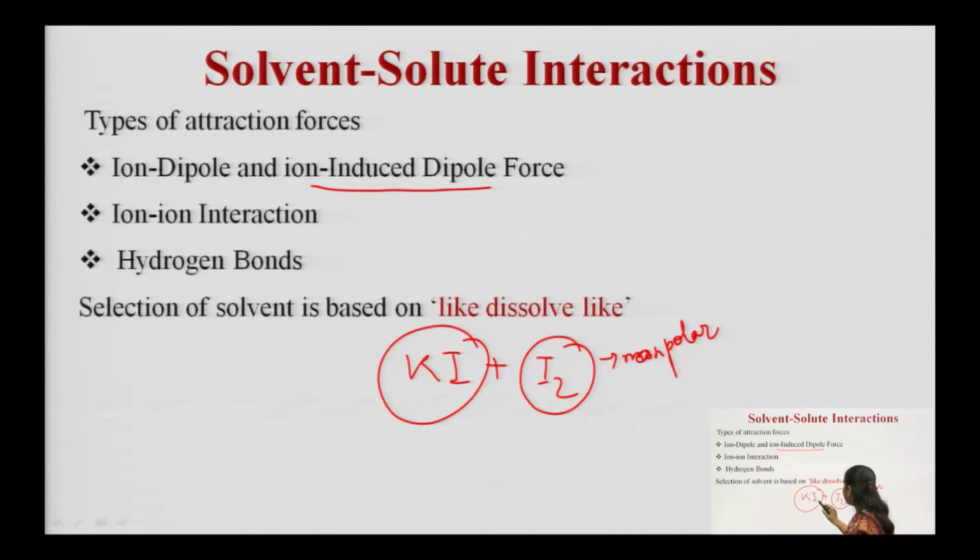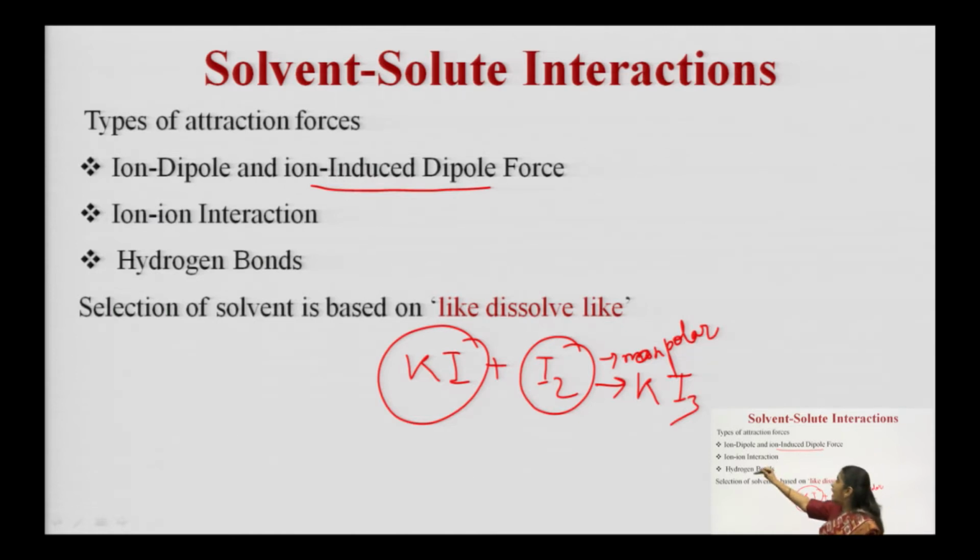Now, this KI has the ability to induce a dipole in I2 and forms a complex with I2, and this attraction force is known as the ion induced dipole force.